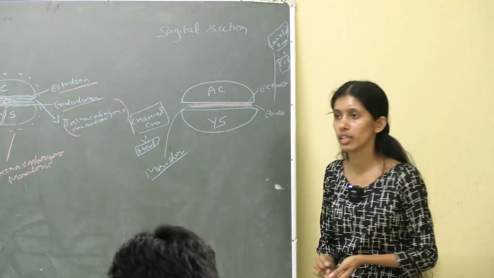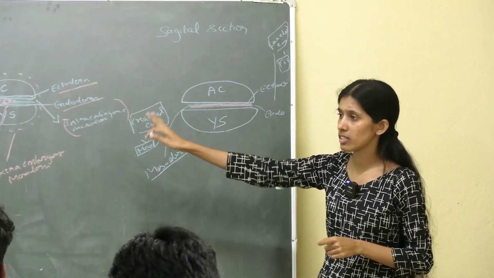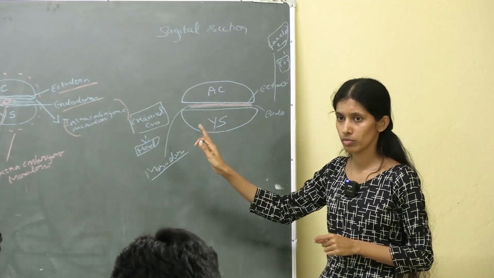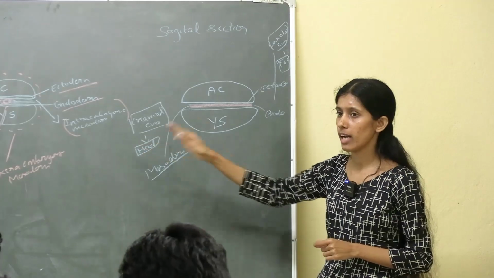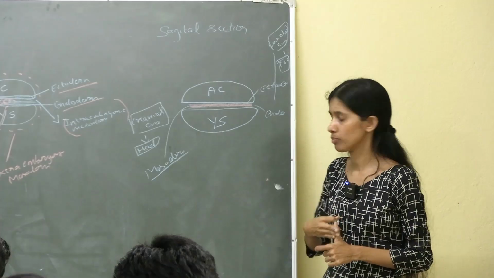Okay, is it clear for everyone? We are seeing the same structures in both the cranial and sagittal sections: amniotic cavity, yolk sac, ectoderm, endoderm and intra-embryonic mesoderm.